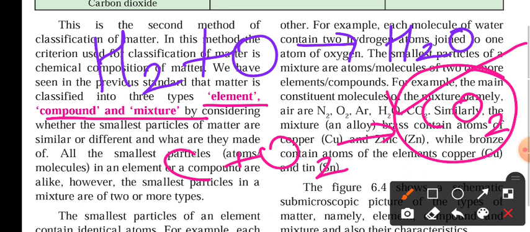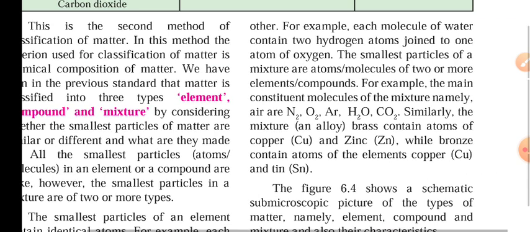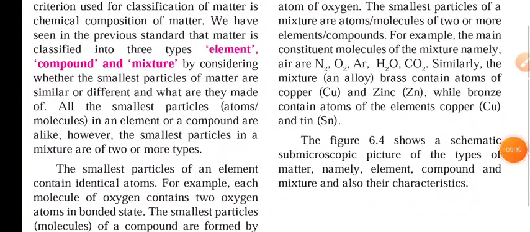They are chemically combined. When we don't have a chemical combination of the atoms, and two compounds or two elements or two atoms are just merely mixed, then it's called a mixture.